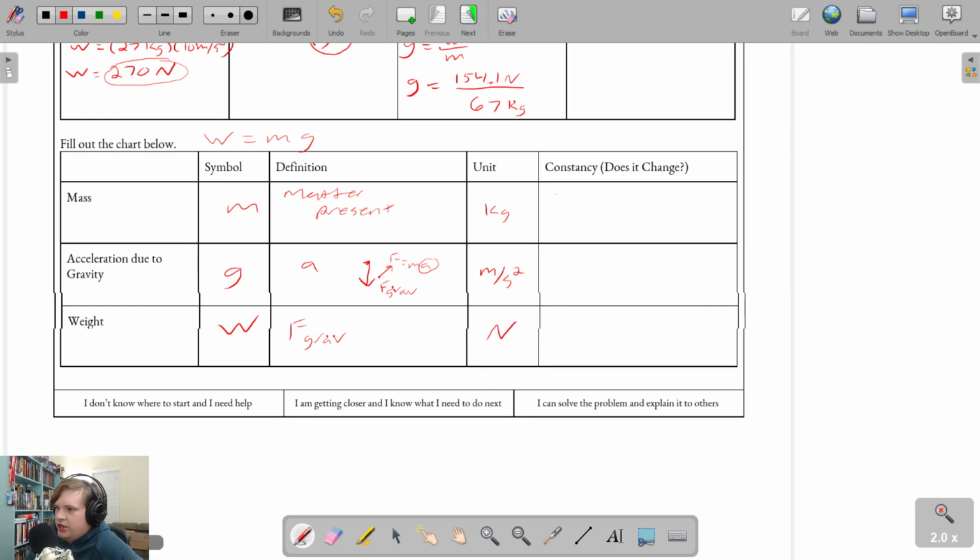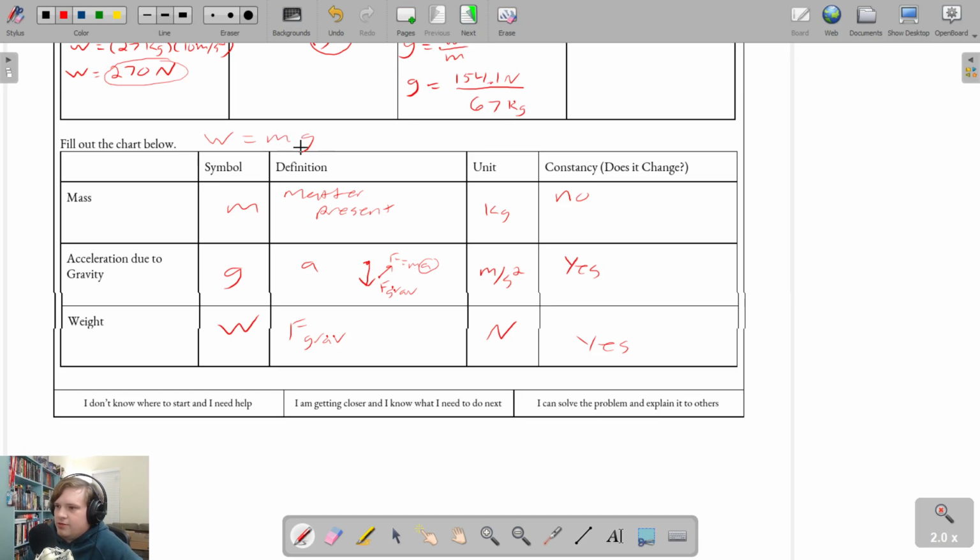Constancy, does it change? No! Unless you get rid of matter, it's not going to change. Acceleration due to gravity? Yes, it changes based on the gravity. And therefore, since W equals mg, if g changes, W must change. It absolutely has to change. When you have W equal to mg, that means it is dependent on these two variables.